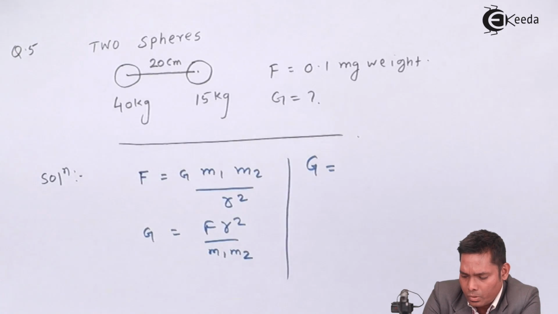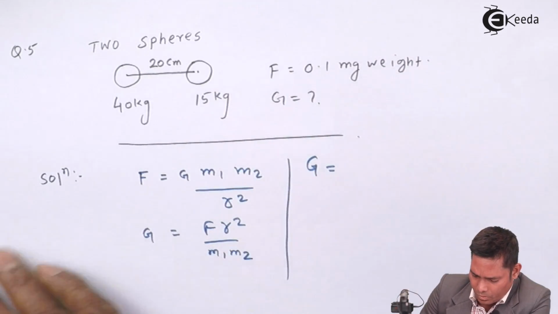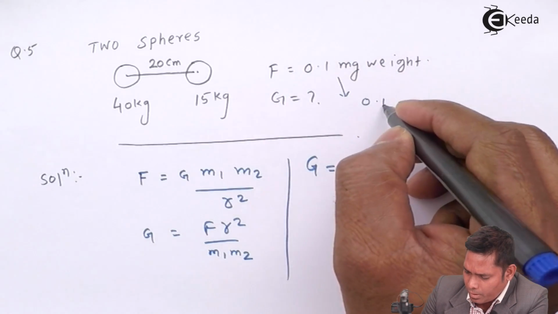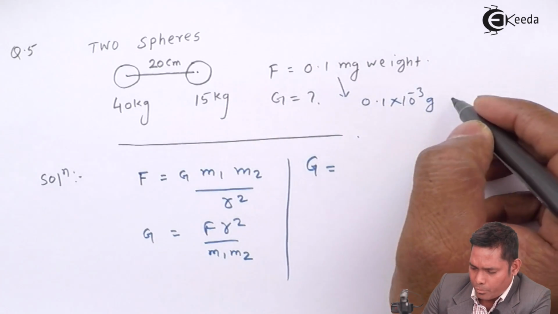So 0.1 milligram is 0.1 into 10 raised to minus 3. This is now gram weight.